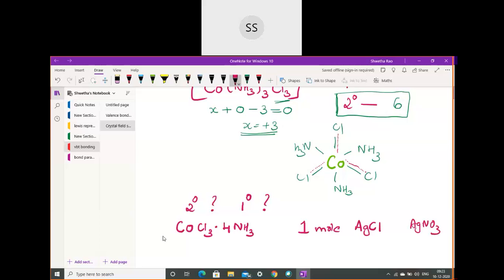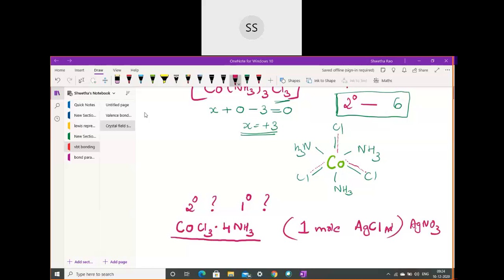In which 1 mole of AgCl is precipitated out. 1 mole of AgCl precipitate they have got when it was treated with AgNO3. So this is the question. I want you all to tell me what is the primary and the secondary valency for this question. If you want, I will repeat the question once again. You can write down during that time. What is the secondary and the primary valency of the complex?